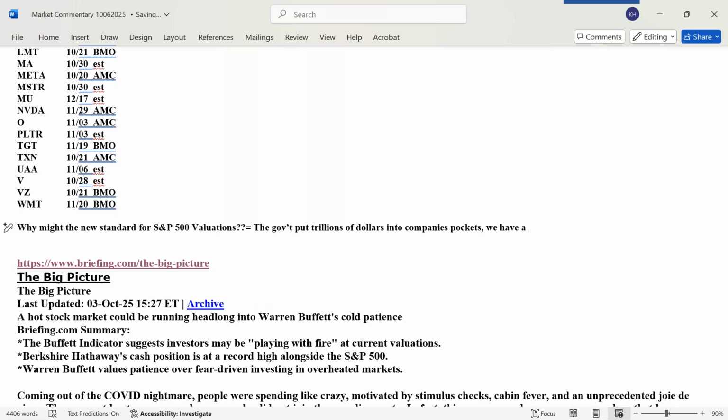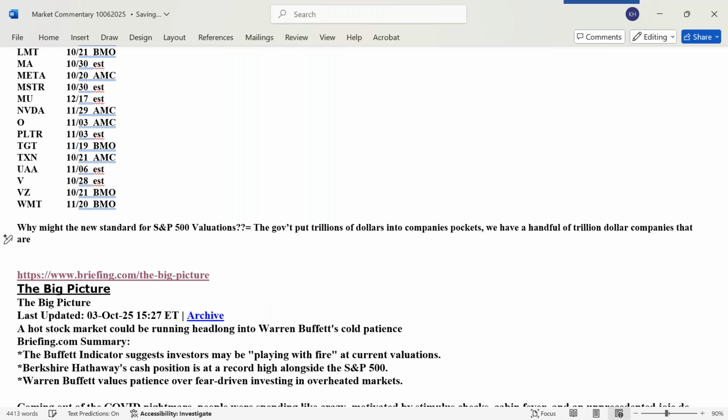Also, we have a handful of trillion-dollar companies that are changing the valuation price to earnings index metric.